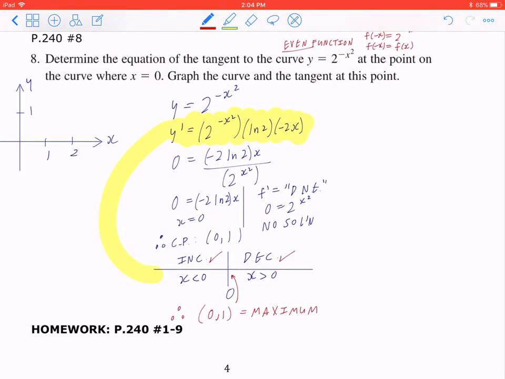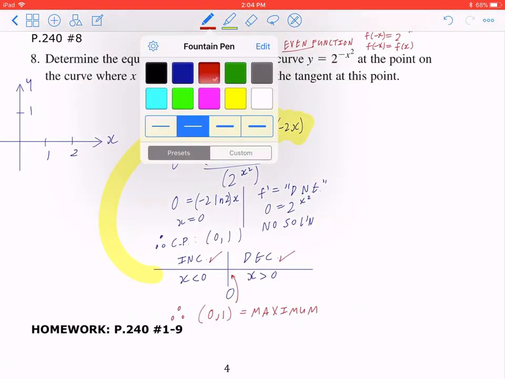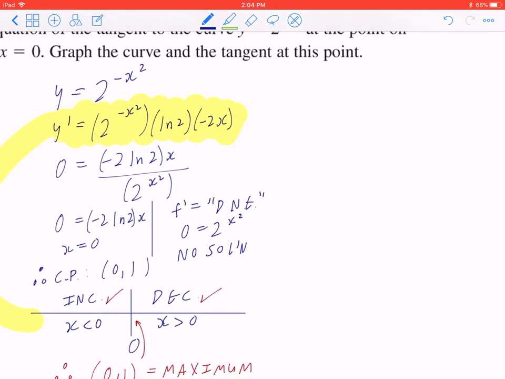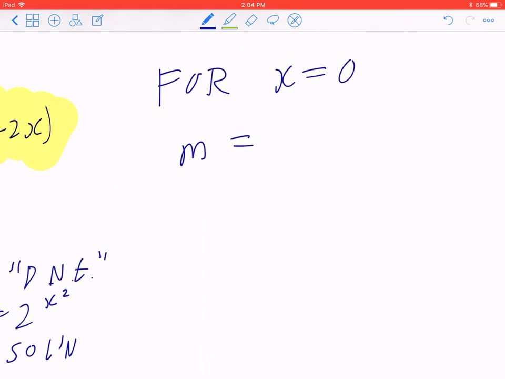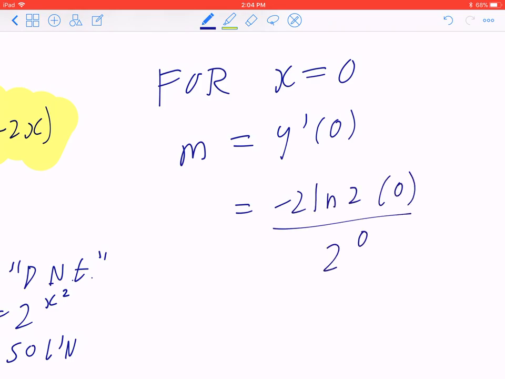Now, if you keep going, your goal is to find the equation of this line, and for x equal to 0, the corresponding slope, that's going to be y prime of 0, and that's going to give you negative 2 ln 2 times 0 divided by 2 to the power of 0 to the power of 2, which really means the slope is going to be 0.